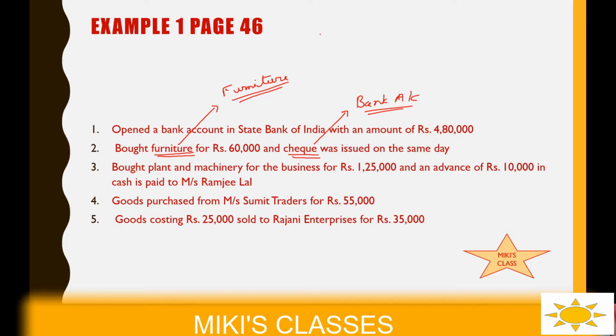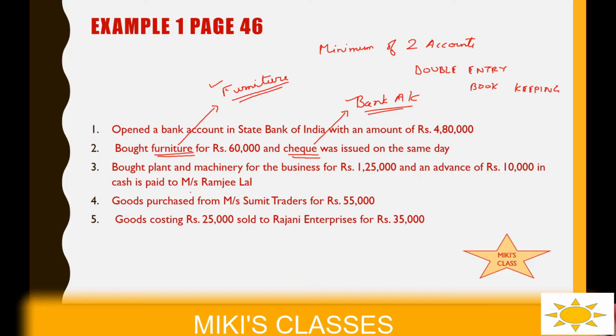So we know that one account is furniture, another one is bank account. For every transaction, there have to be a minimum of 2 accounts involved. That is why we call this system double entry bookkeeping. Fine. So the 2 accounts involved are furniture and bank account.